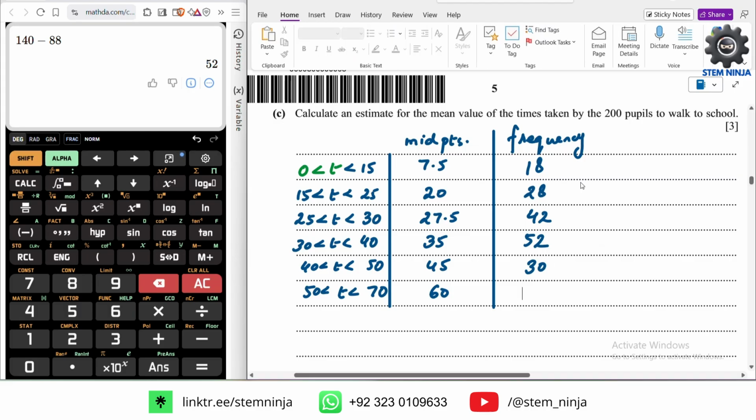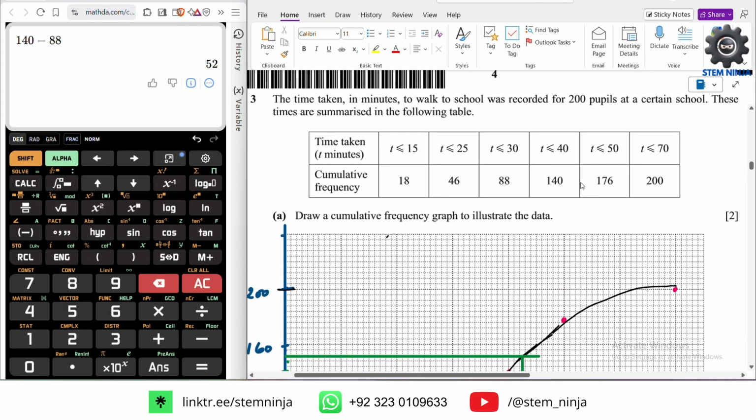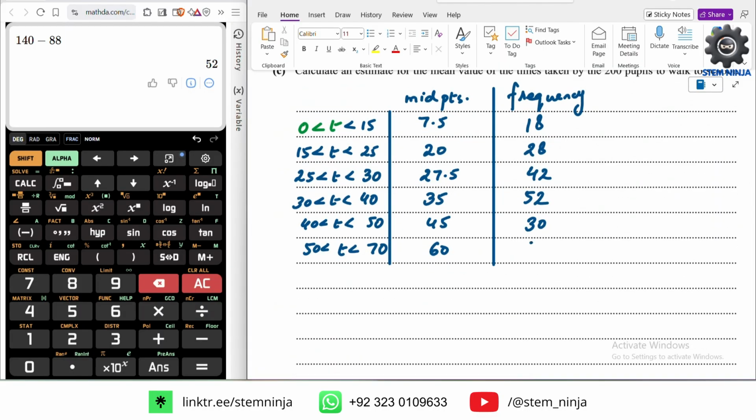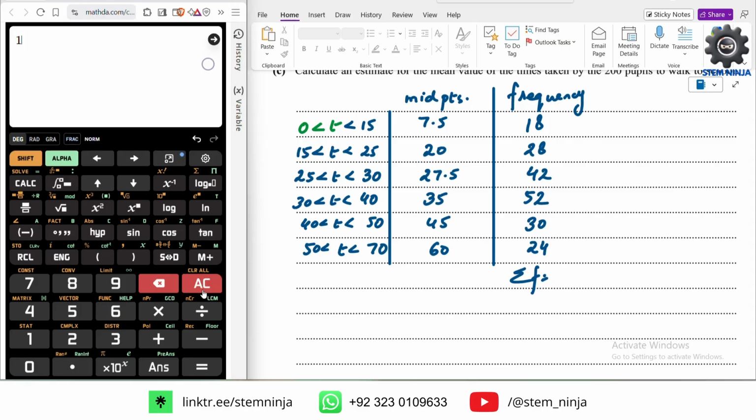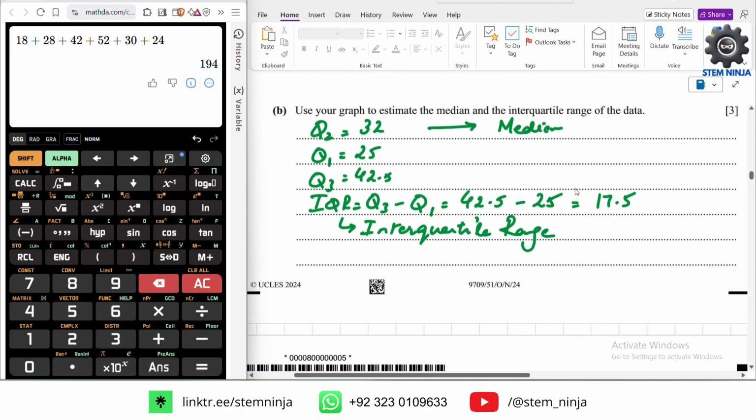And the other one is just 24. Right, so we can see what we get. If it adds up to 200, that means we were right. 42 plus 52 plus 30 plus 20. Oh, sorry. 184. Wait. 18, 28, 42, 52, 30, 24. Okay, that means we missed something.